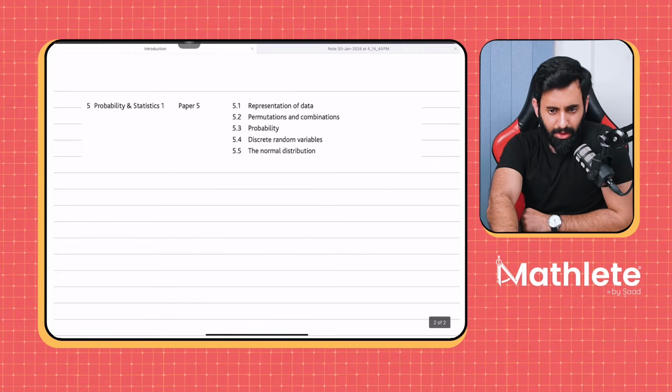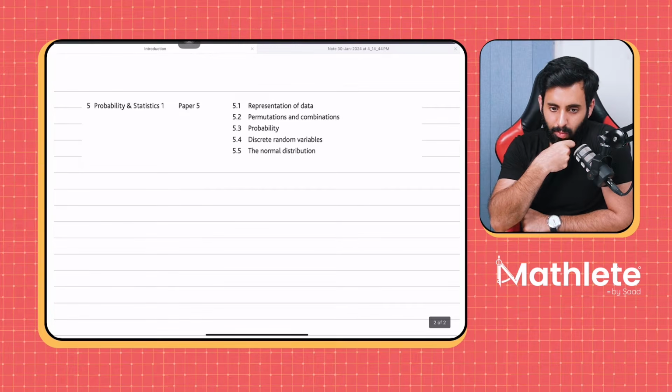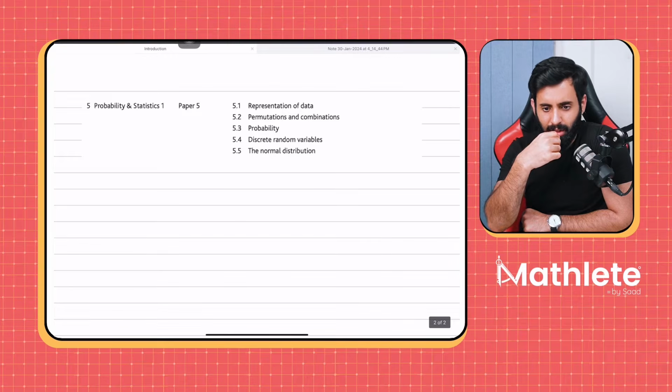Okay, so there are some questions, and please, whenever you guys are asking questions, share it with everyone. Don't just send it to me, so that everyone can see what I'm answering. Sir, AS makes 50% of A level. Does getting a C in AS mean it's almost impossible? Okay, dekho, so somebody's asked that if you end up with a C in AS, is it impossible to get an A in A levels? I would say yes.